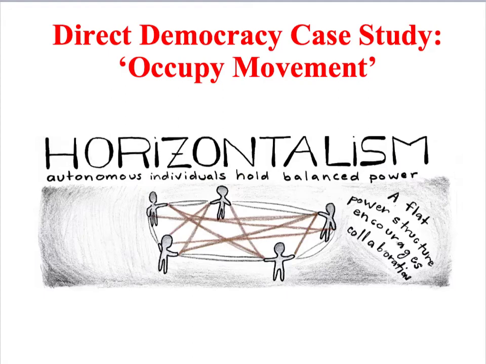This is where a group has a very loosely defined organisational structure without any clearly defined leadership or hierarchy. So this flat power structure that we call horizontalism was meant to encourage the type of collaboration and deliberation needed to put the principles of direct democracy into practice.